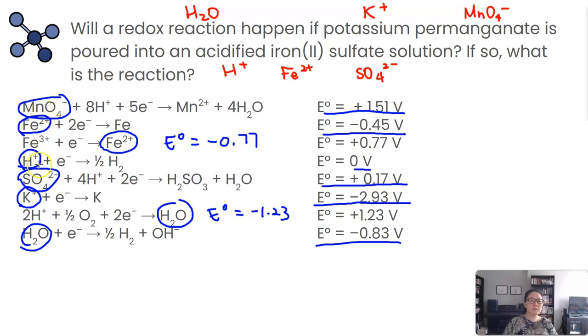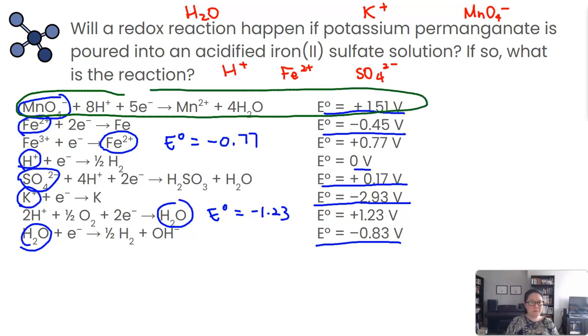So when we're looking at our reduction reactions, the one that gives us the highest possible E naught value is going to be this first one. So if a redox reaction is going to happen, this is going to be the reduction reaction. Now, out of our two possible oxidation reactions, we want to go with the reaction that will give us the highest overall E naught value when you add it with our positive 1.51.